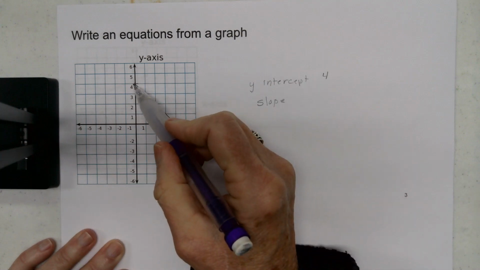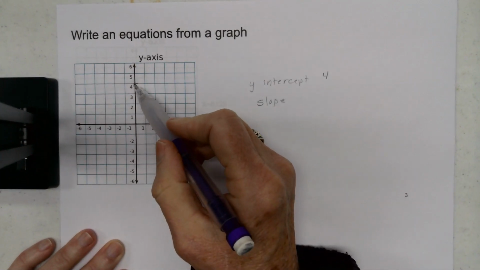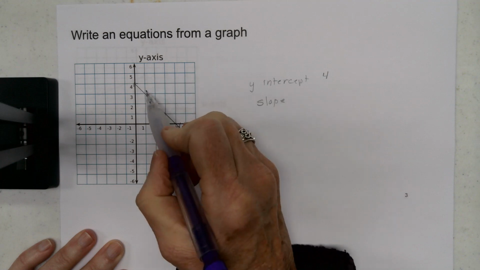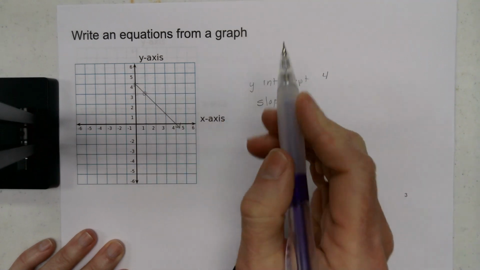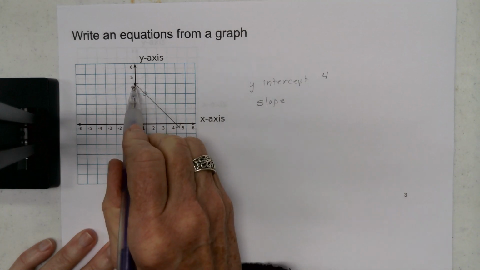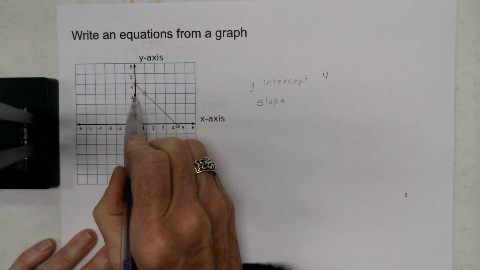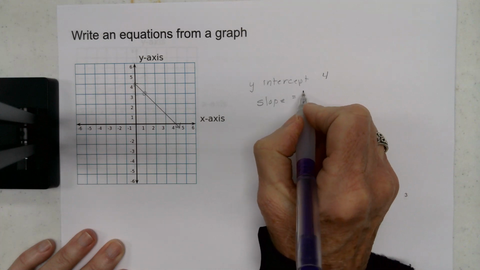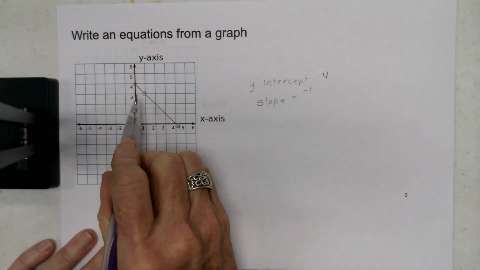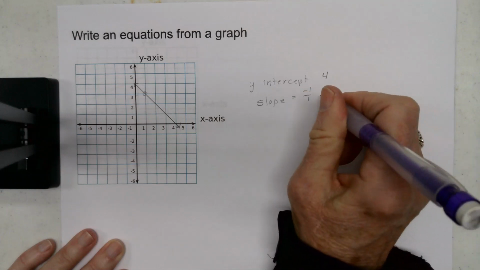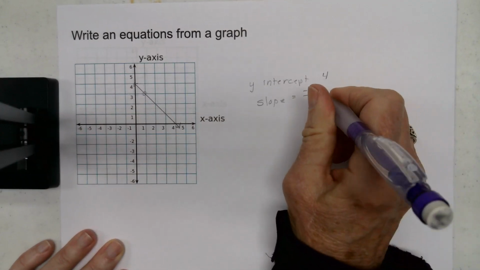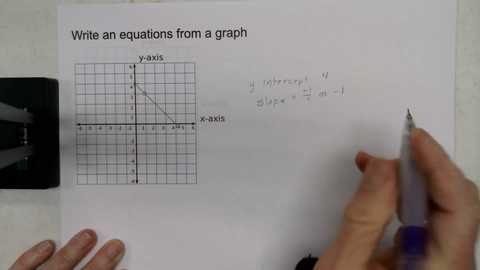From that point, I need to count the rise and the run to the next spot where it is at a corner of a box. From this point I'm going to go down 1, so I have a rise of -1 and a run of +1. So my slope is -1/1 or -1.